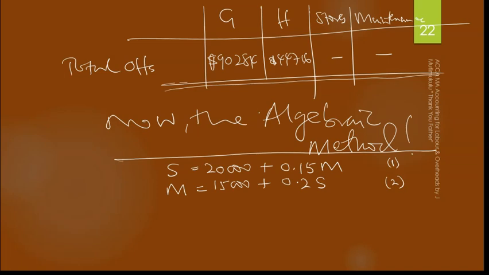Then we need to make S the subject of the formula. But how do we do that given the two equations? We need to substitute one of the equations into the variable in the other. So we need to replace M in equation 1. Equation 1 is this one.